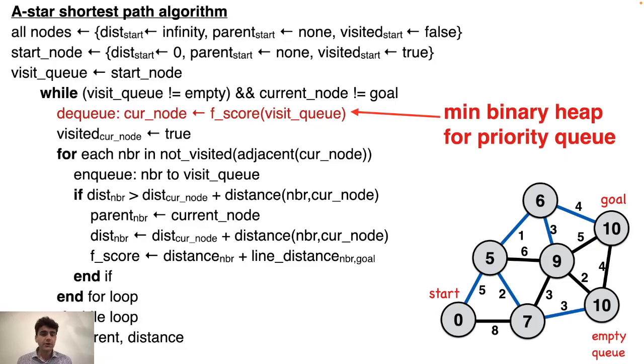The way that the current node is decided on is based on that prioritization of the F-score, right? It decides to expand the current node based on whichever node from the visit queue had the minimum F-score. And in order to find the node with the minimum F-score efficiently, we're going to be using a minimum binary heap data structure. These next set of slides are really meant to be helpful as you implement this binary heap data structure.